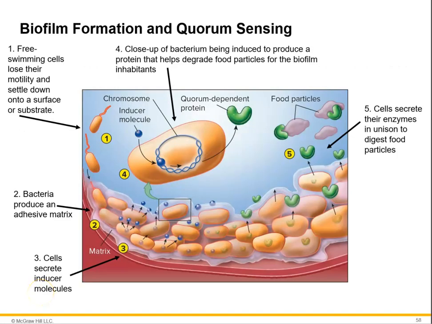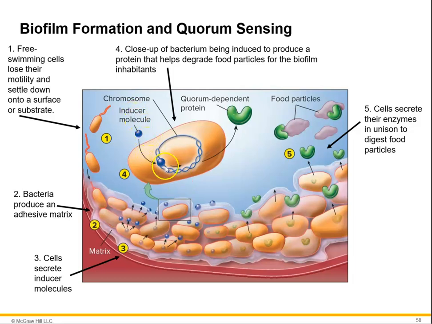So how do biofilms form? Well, first, you're going to have free-swimming cells lose their motility, and they're going to settle down onto a surface. Next, the bacteria are going to produce an adhesive matrix, right, that extracellular matrix around it, and this is really sticky. The cells are then going to start secreting inducer molecules, and if you look at one cell close up, you can see what the inducer molecule does.